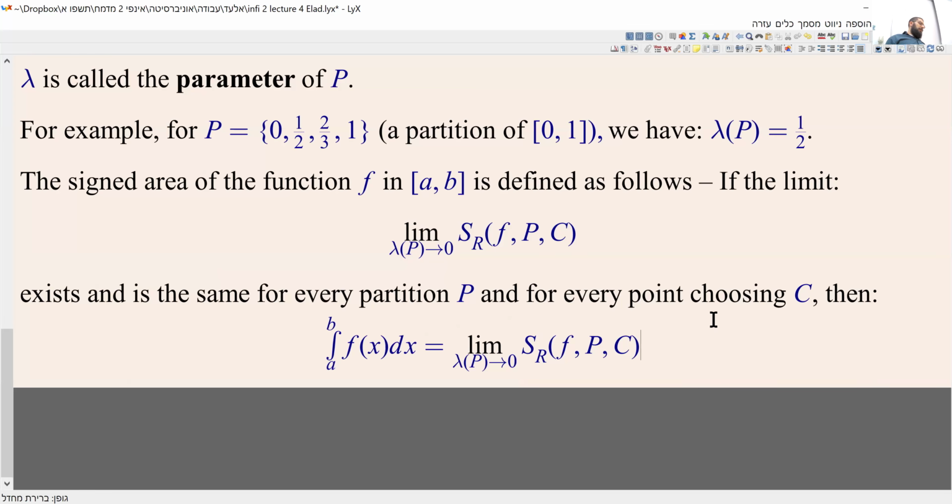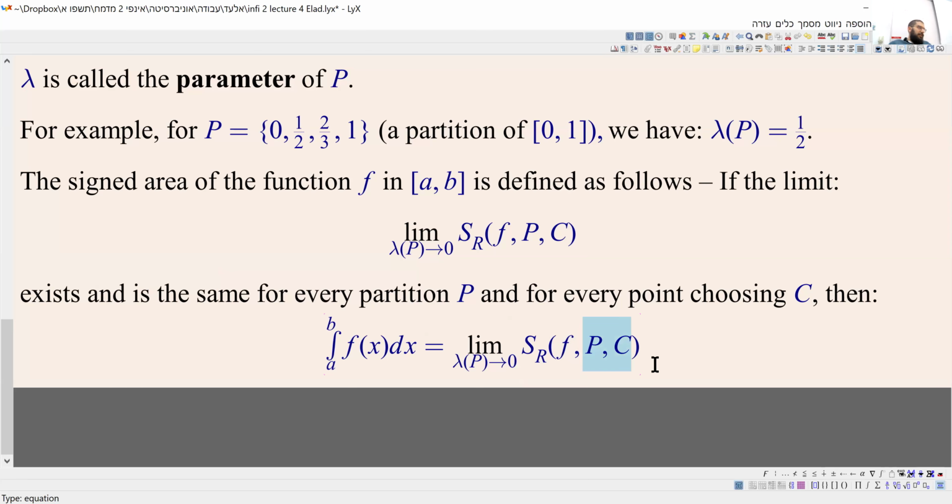Now it's, one can say, a complex limit compared to what we are used to from the first course of Infi. In the first course of Infi, you discussed limits of functions from R to R, meaning one real variable. Here, f is the same function with every partition, but the Riemann sum is a function of two variables, p and c.